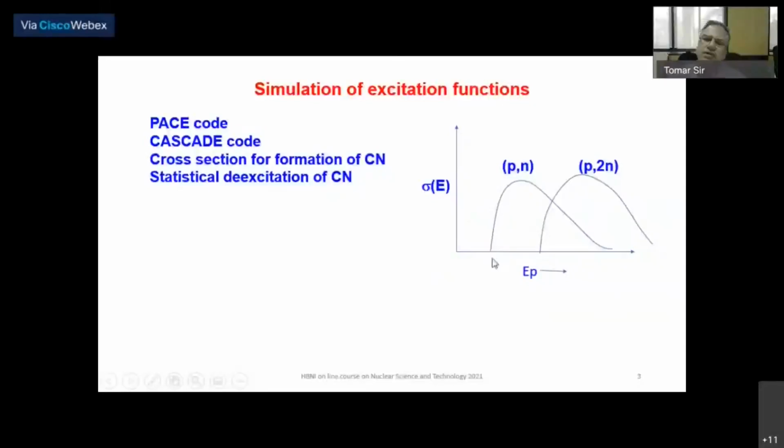For example, the cross section for the (p,n) reaction will go up and come down, and after some energy, the (p,2n) reaction goes up. Based on this data generated using theoretical codes like the PACE code or the CASCADE code, you can generate this, and they are now quite close to experimental excitation functions.